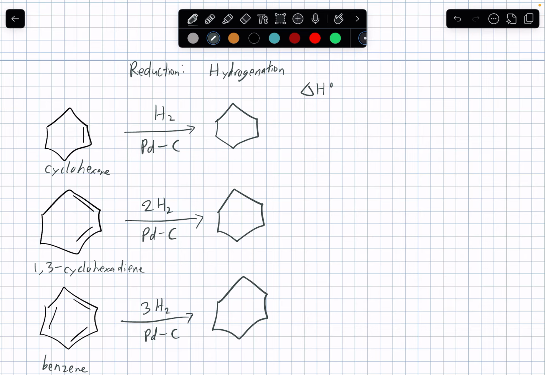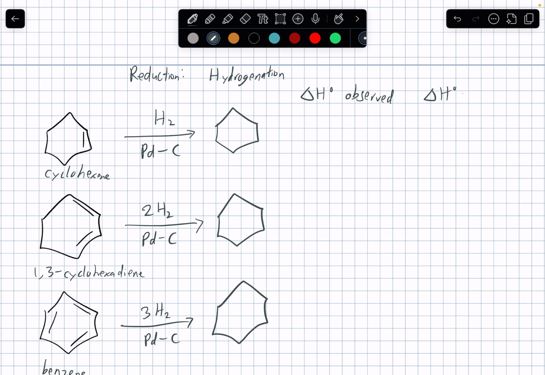So there is a value, delta H. This is gonna be negative because heat is released. In other words, in context, it's exothermic. Essentially, we have what is observed and what is predicted.